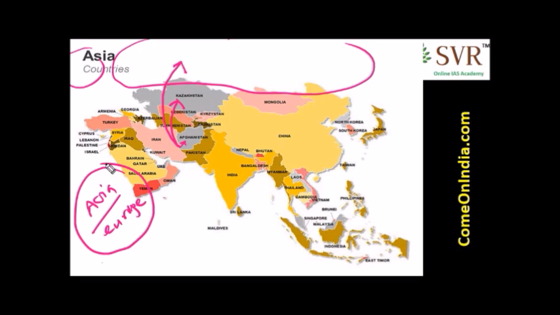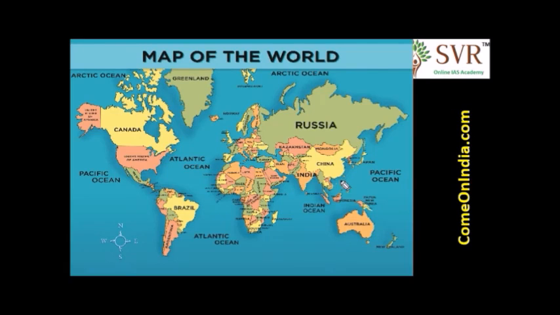Russia is the only country located in both Europe as well as the Asian continent. India's trade relations with Eastern Europe are also far below the potential. So, India is finding it difficult to reach Afghanistan, Central Asia and Eastern Europe.